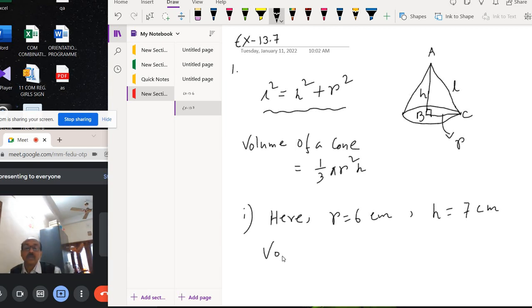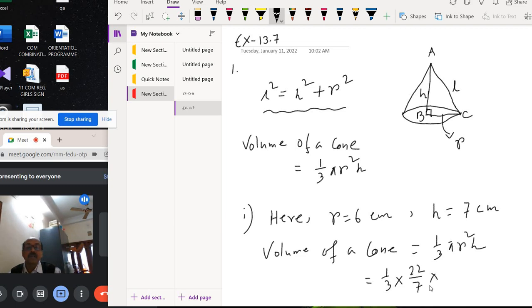Volume equals 1 by 3 pi r square H, equals 1 by 3 into 22 by 7 into 6 into 6 into 7. And the unit is centimeter cube.